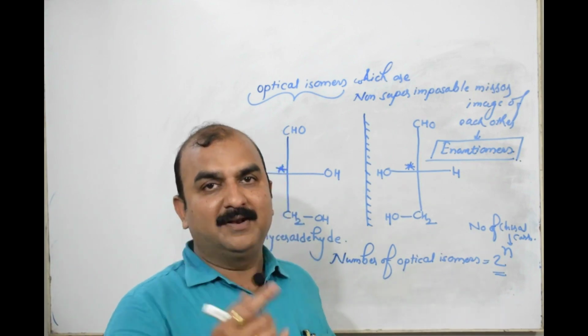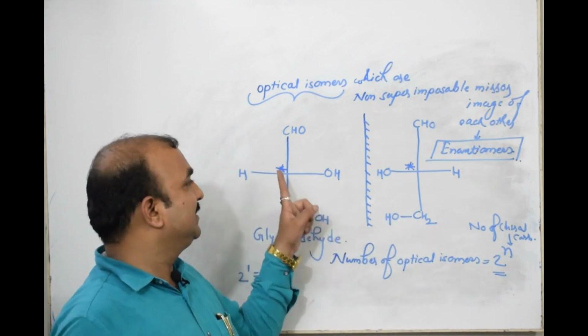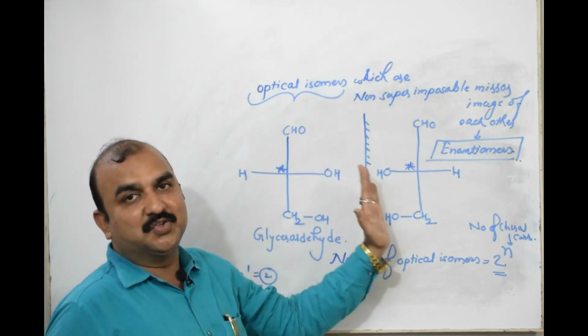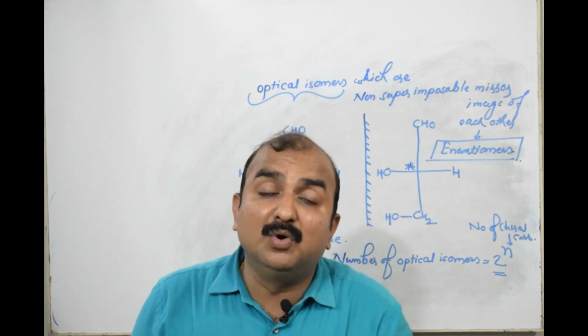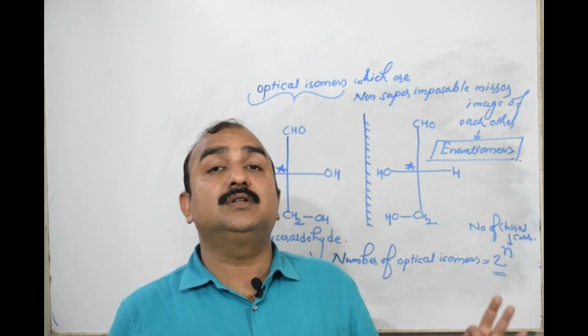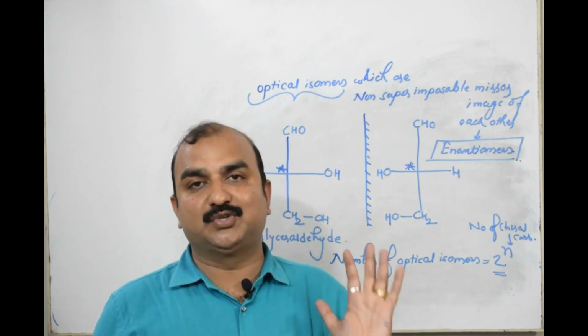Chiral carbon atom, yes. Same structure. So this is known as an enantiomer. What is the definition of enantiomer? The most important words: optical isomers which are non-superimposable mirror images of each other are known as enantiomers.